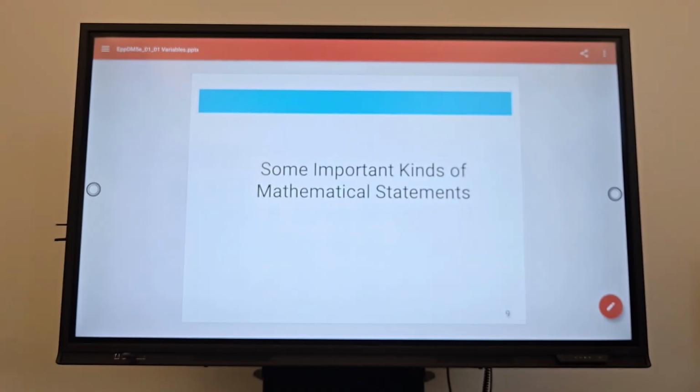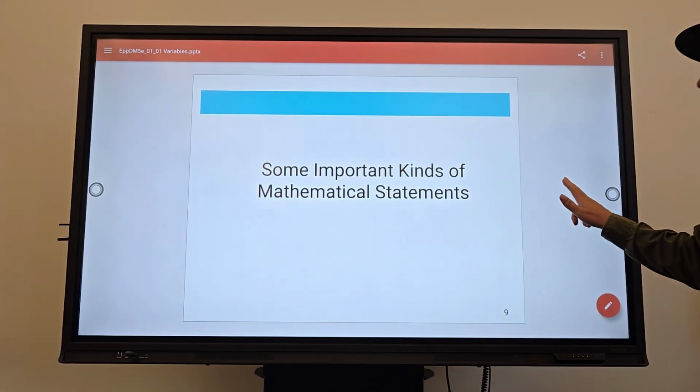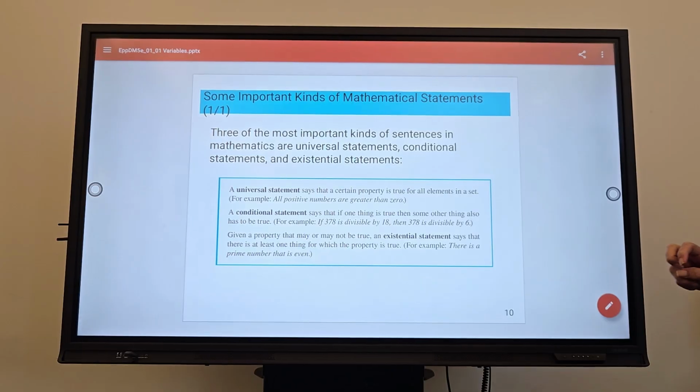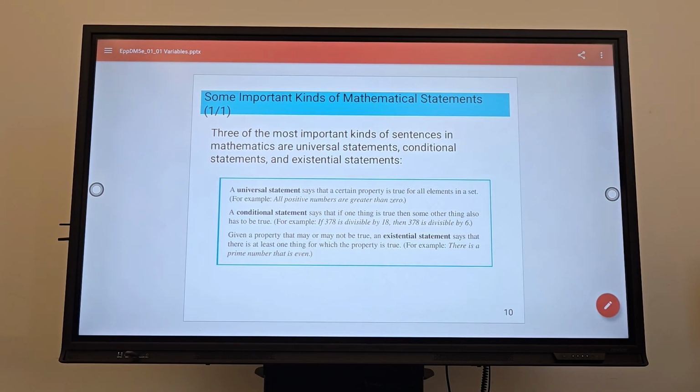Some important kinds of mathematical statements. Three of the most important kinds of sentences in mathematics are universal statements, conditional statements, and existential statements. A universal statement says that a certain property is true for all elements in a set, like all positive numbers are greater than 0.